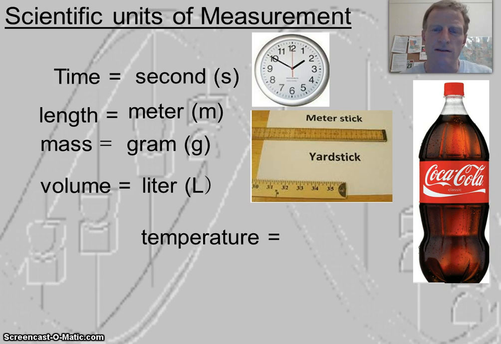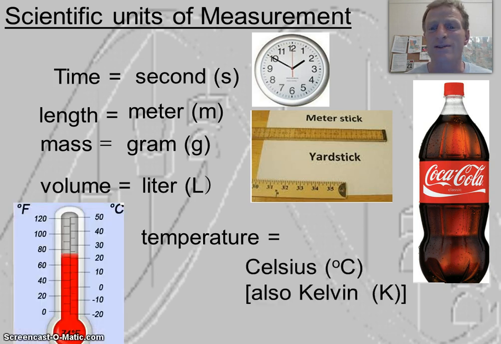The next unit is temperature, and again, it was hot today. It was 91 degrees. That's Fahrenheit. We don't use that. That's not a scientific unit. We use Celsius. When you get into chemistry, you'll use Kelvin. That's for chemistry. Celsius ranges from 0, the freezing point of water, to 100 degrees Celsius, the boiling point of water. That's pretty much the range of all life.